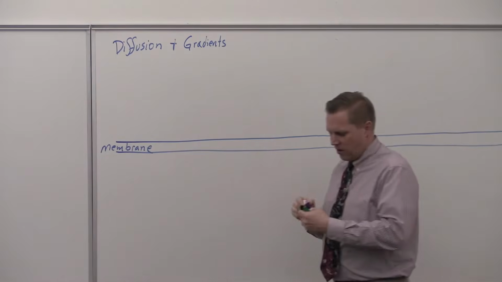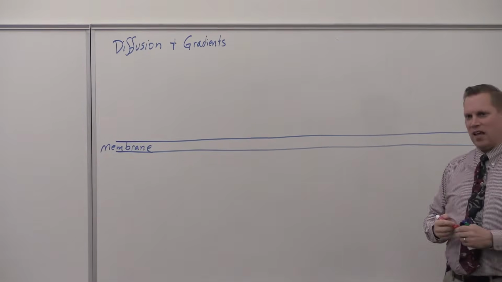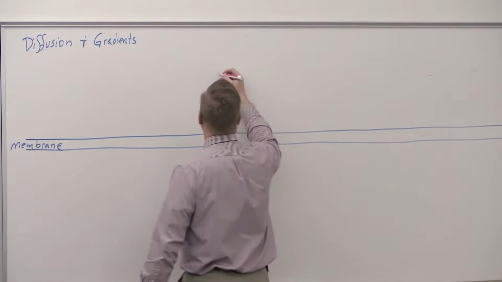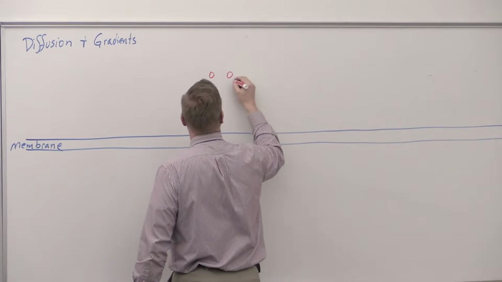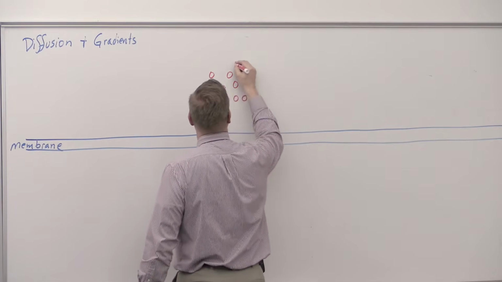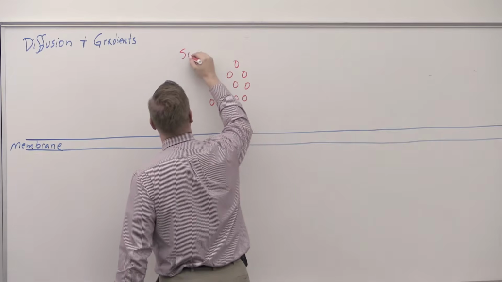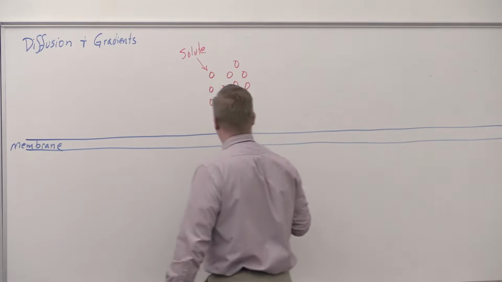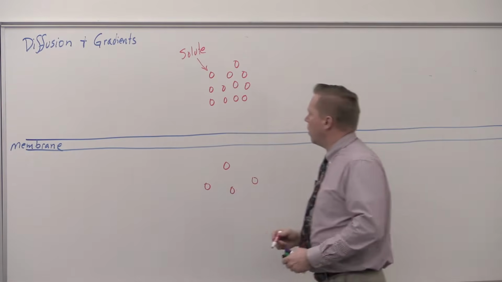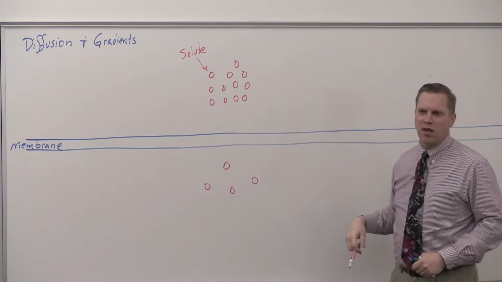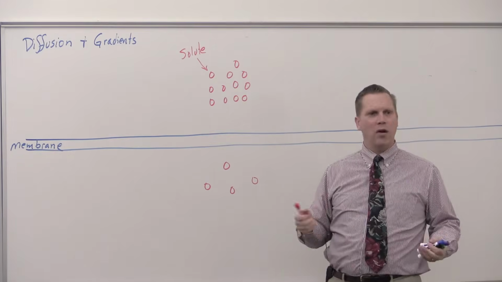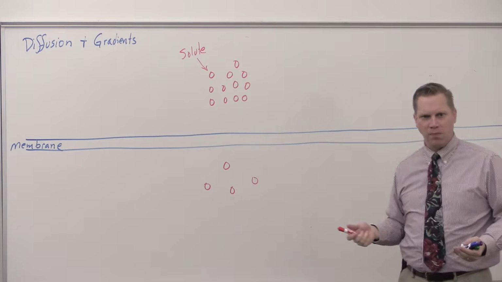A concentration gradient exists anytime that we have a membrane and we have a solute. So right here, let's draw some red dots, and this is going to represent our solute. And anytime we have a different concentration of solutes across a membrane, we have what's referred to as a concentration gradient.